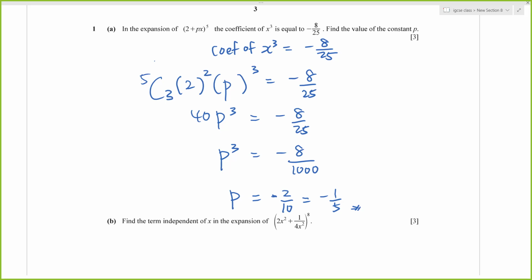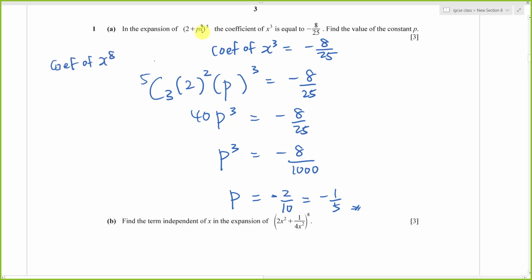Just remember, if x is in the term b here, normally I call this one a plus b. So it's the term b here, and you can straight away use the r to decide what the power is. But you must be careful, sometimes the question can be even harder. They give you something like px squared, and maybe they ask about the coefficient of x to the power of 8.